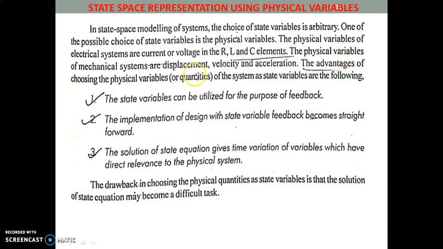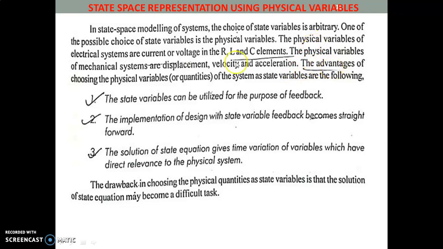The physical variables of mechanical systems are displacement, velocity and acceleration. Either if you are taking electrical systems or mechanical systems, we can find the physical variables. Based on that, we can select the state variables.